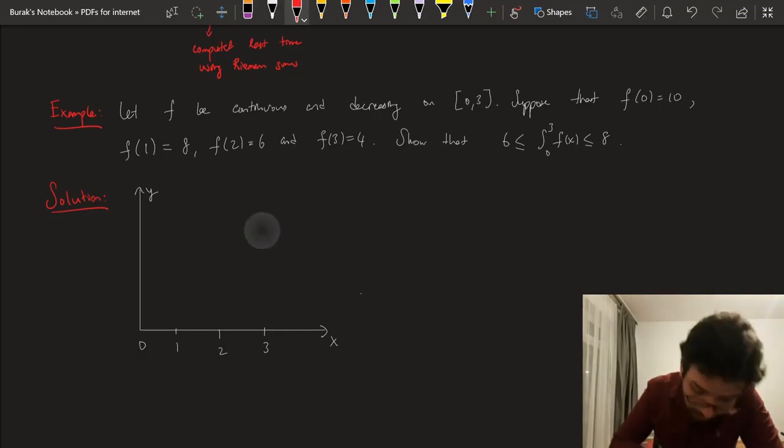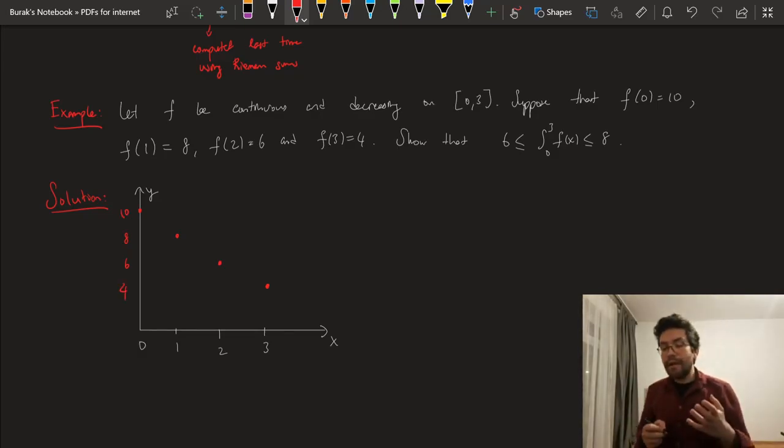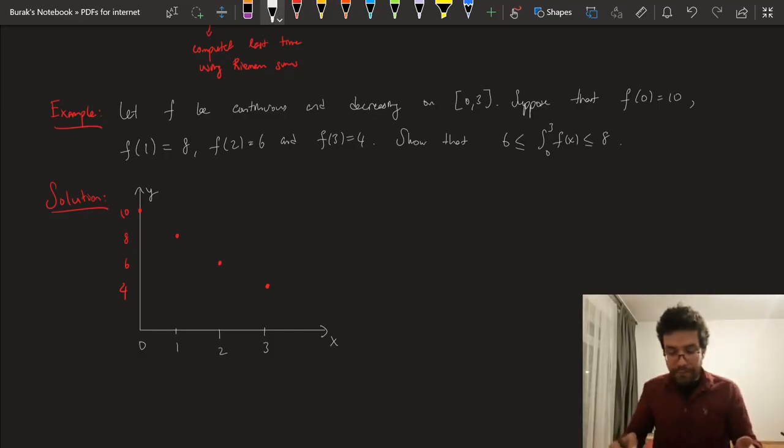Its value at 0 is 10. Its value at 1 is 8. Its value at 2 is 6. And its value at 3 is 4. I'm asked to prove an inequality regarding the integral of this function. And this is a continuous decreasing function. Now, how can I approach this question?